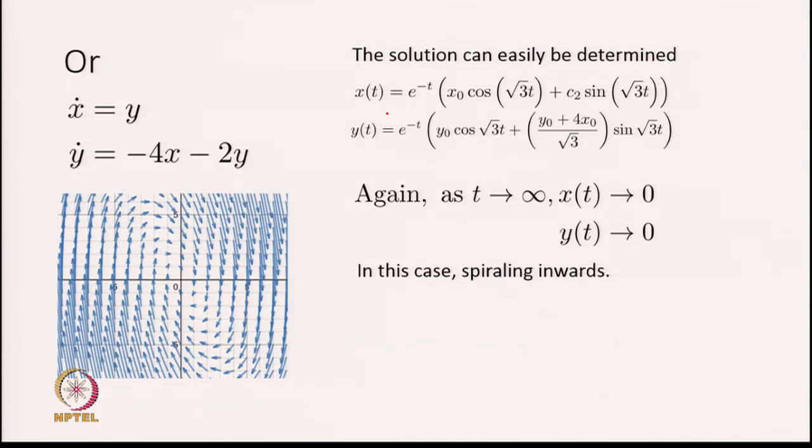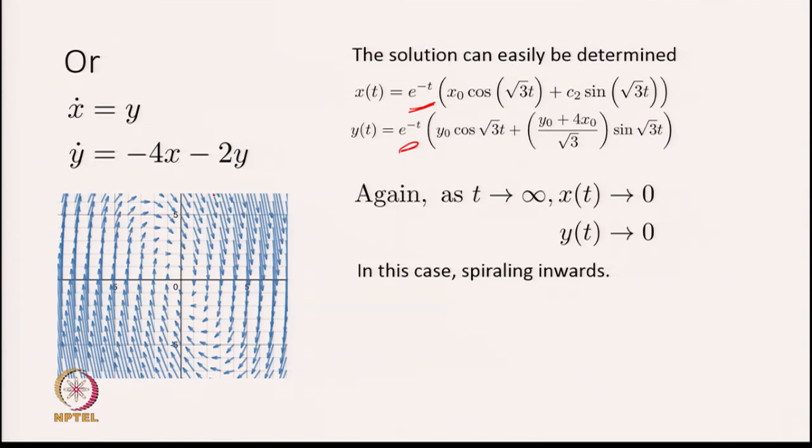X has got an e to the minus t multiplying some oscillatory, some trigonometric functions, and y has got e to the minus t again multiplying another bunch of trigonometric functions. And without much more than just inspection, you can see that as t goes to infinity, x of t and y of t go to 0.